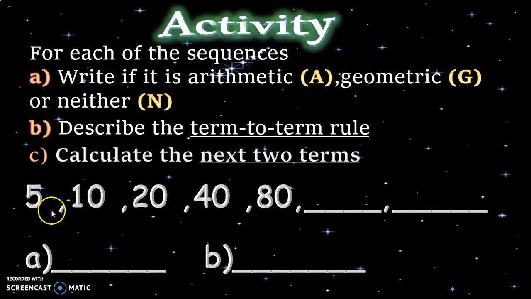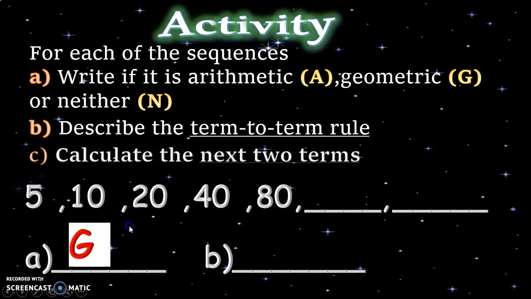Here, to get the 10, we multiply the 5 by 2. And also the 10, we multiply by 2, so we get the 20. So the type of sequence here is geometric because we are using multiplication.